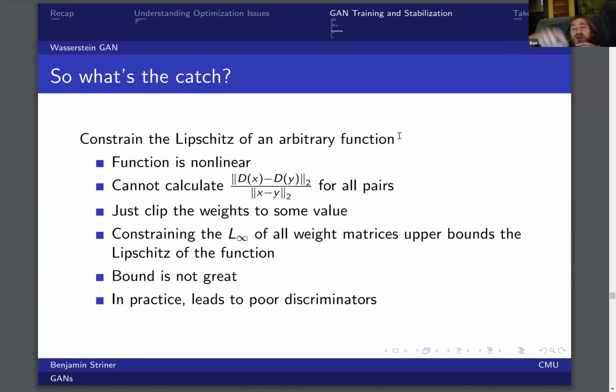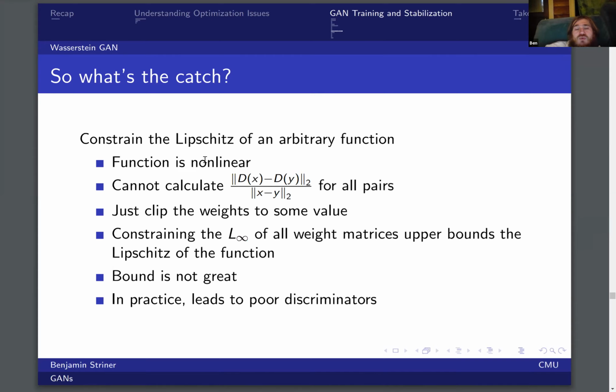So our GAN problem, mathematician's answer, we've just reduced to the problem of constraining the Lipschitz of a function, which is itself really hard, but we might have ways to do that that are easier than things we were trying to do before.